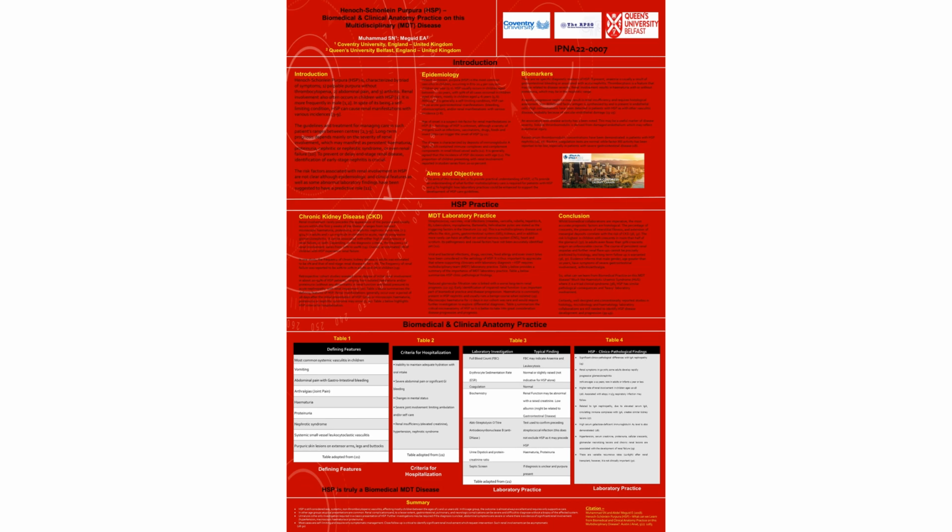as mentioned, provides context around the defining features. So most common systemic vasculitis in children, there's vomiting, there can be abdominal pain and gastrointestinal bleeding, there can be joint pain, there can be haematuria, proteinuria, there can be nephrotic syndrome. And nephrotic syndrome gives the mixed picture as well.